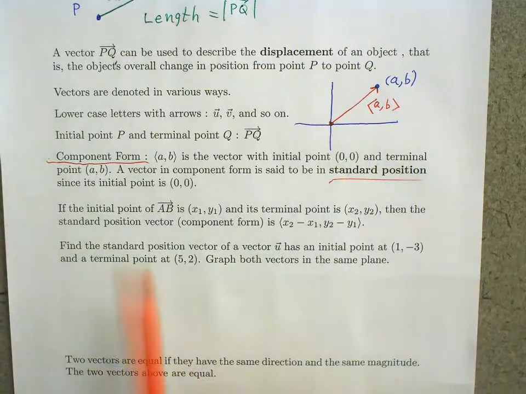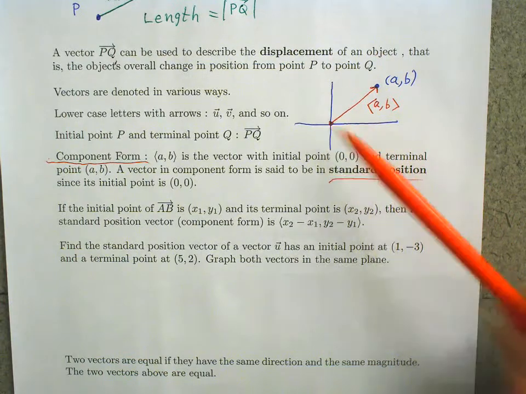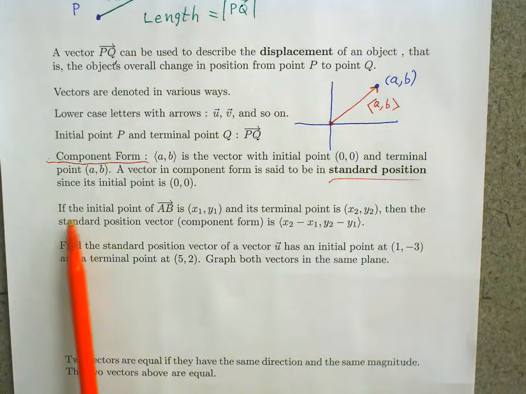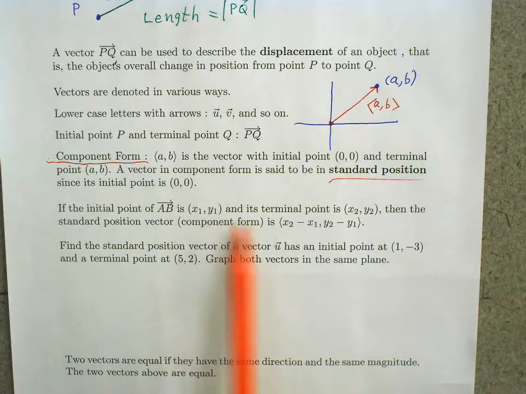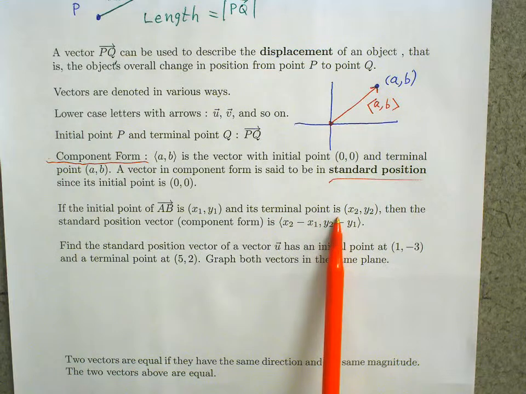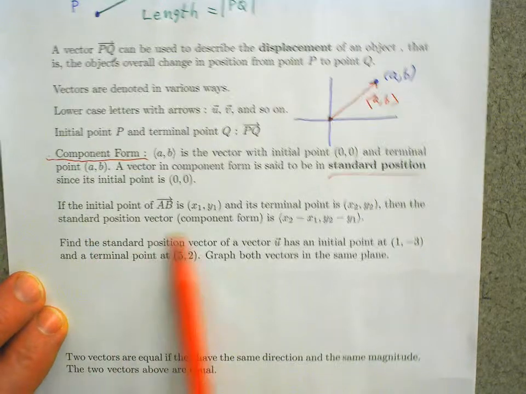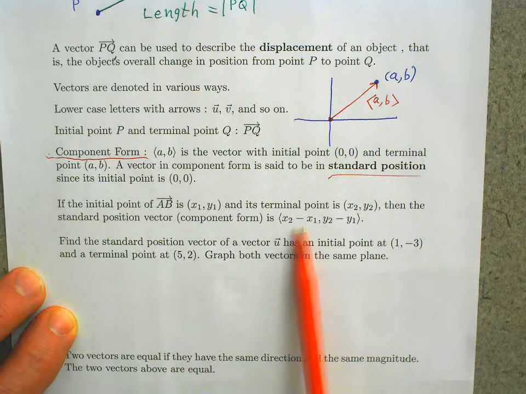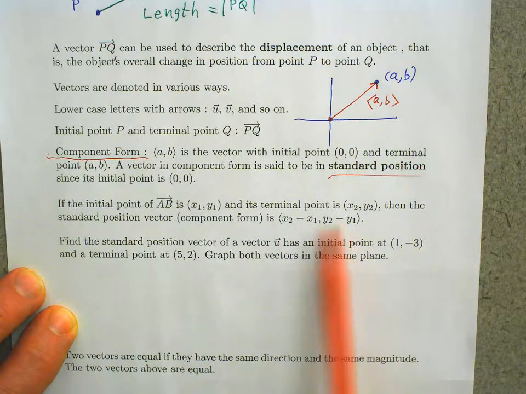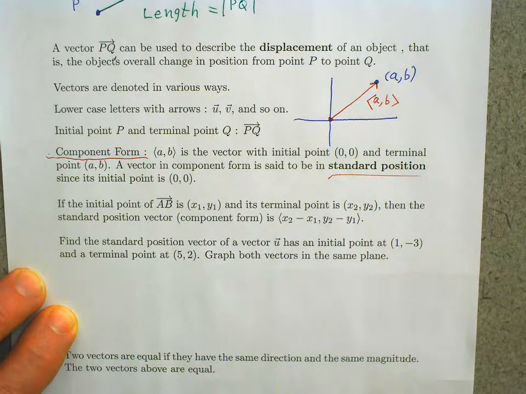Okay, well, vectors can be anywhere in a plane. They don't all have to start at the origin. So if the initial point of the vector AB is (x1, y1), and its terminal point is (x2, y2), then the standard position vector, or the component form, is found by subtracting one x coordinate from the other for the x coordinate and subtracting one y coordinate from the other for the y coordinate.